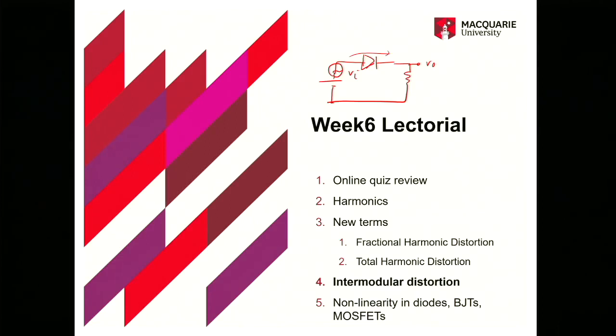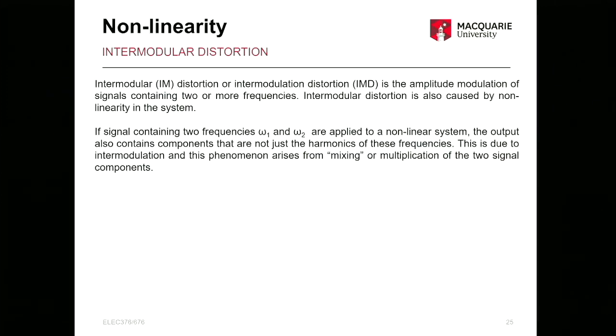Intermodulation is something different. In this one, we are going to apply two frequencies, F1 and F2, or omega 1 and omega 2, and see how they mix together due to the nonlinearity of the system. This is something we are going to use in the mixer. So this is not a single frequency.